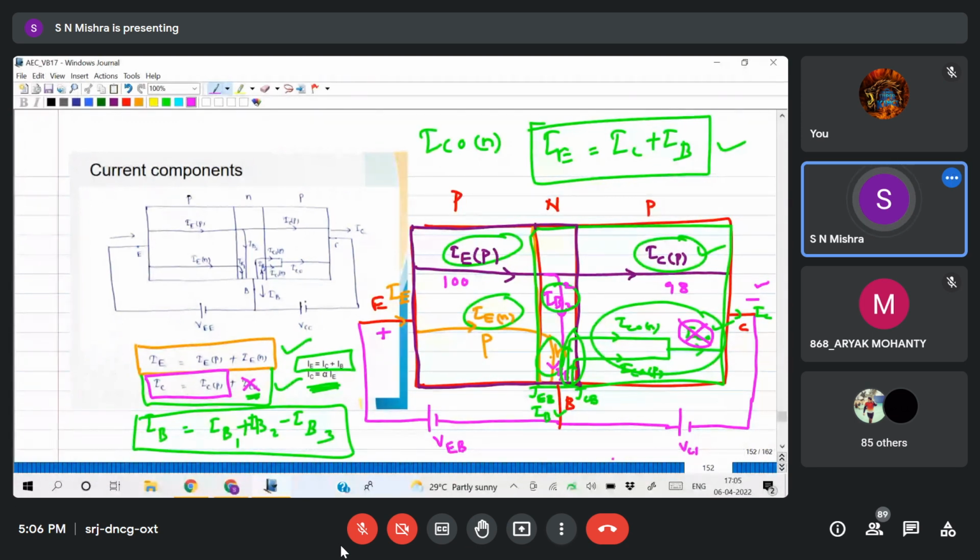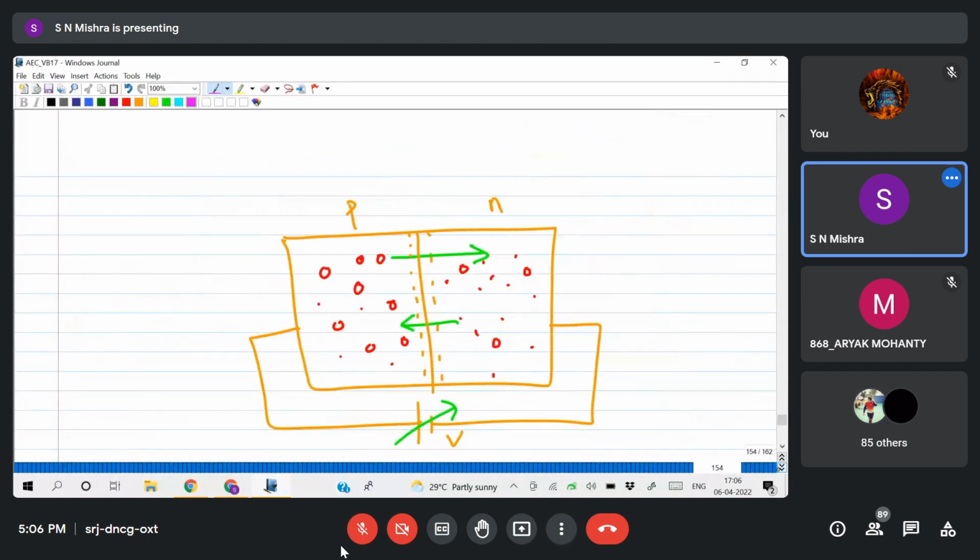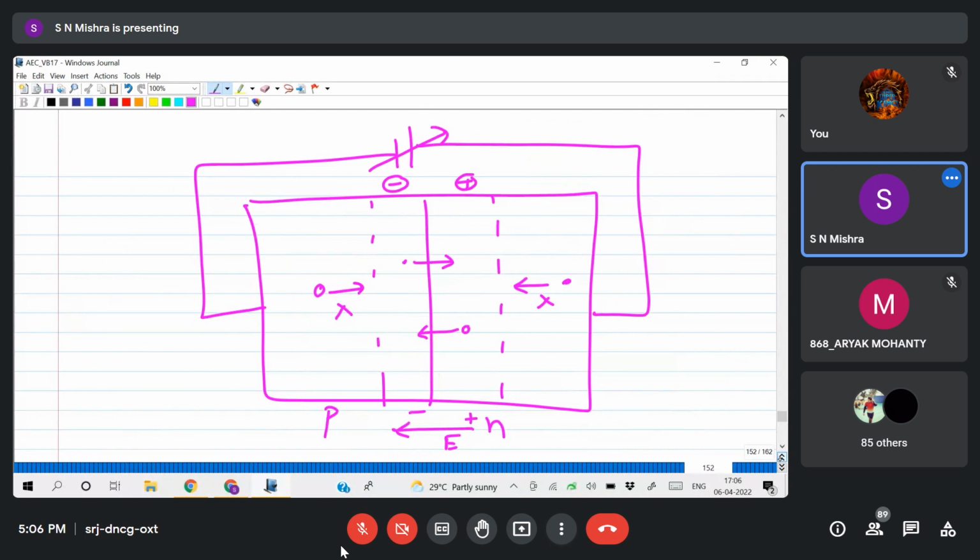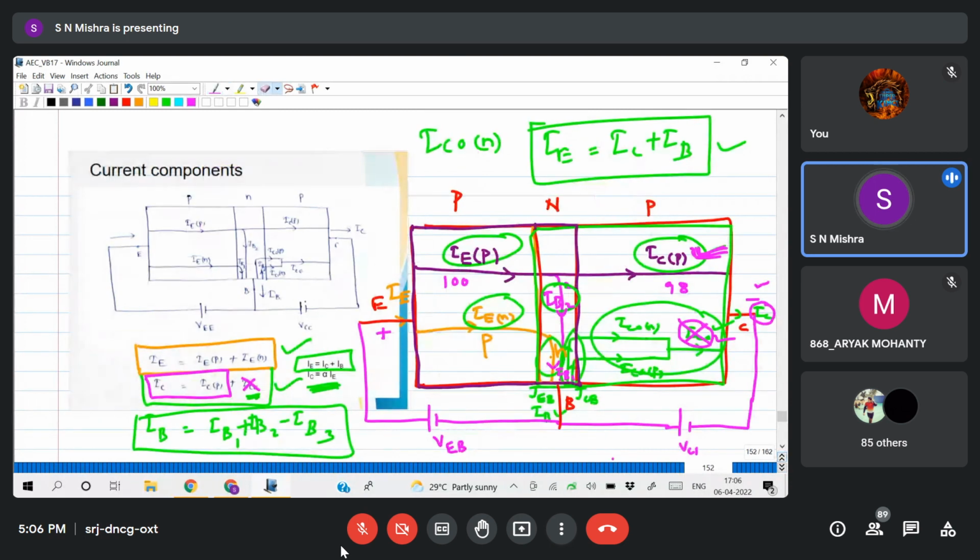So what is IC? You see this IC equals to what? IC due to hole plus ICO. If ICO is not there, then IC will be equal to only the holes which are traveling from emitter to collector. Yes or no? You see this equation.